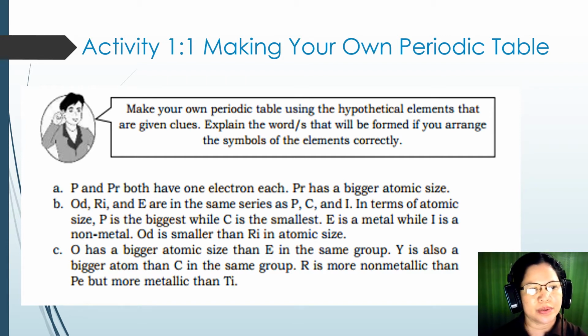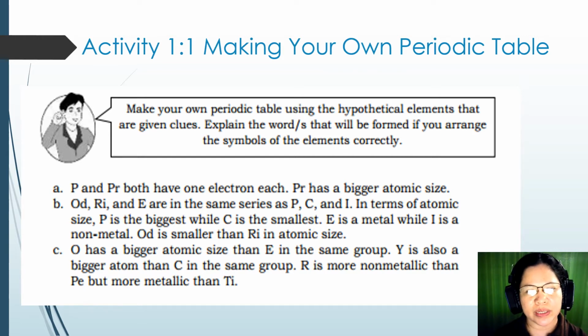So you have letter A: P and PR both have 1 electron each. PR has a bigger atomic size. Then letter B: OD, RI, and E are in the same series as P, C, and I. In terms of atomic size, P is the biggest, while C is the smallest. E is a metal, while I is a non-metal.